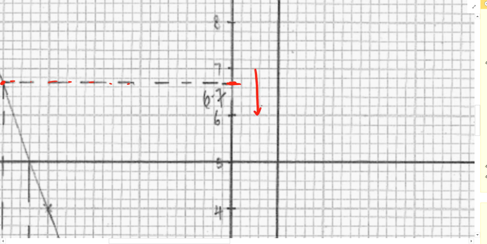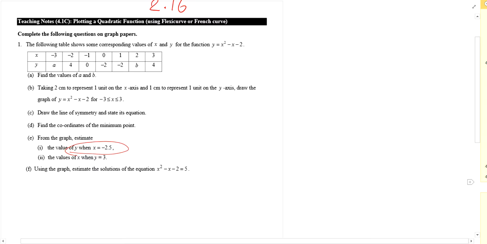So since 5 small squares represent 1 unit, 1 small square represents 0.2, so this is 6.2, 6.4, 6.6. Between 6.6 and 6.8 must be 6.7, nothing else. So we indicate this is 6.7, and this is for question E part 1.